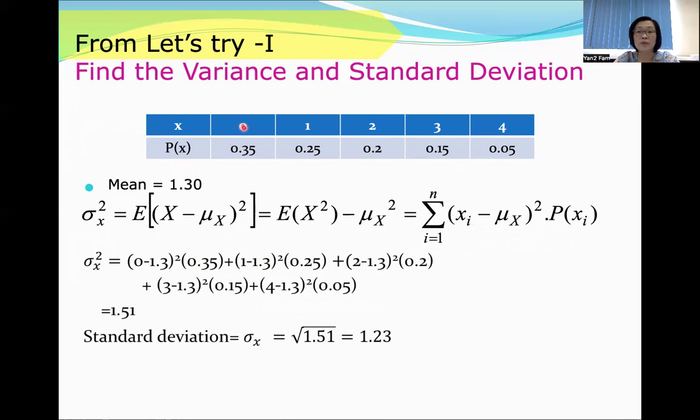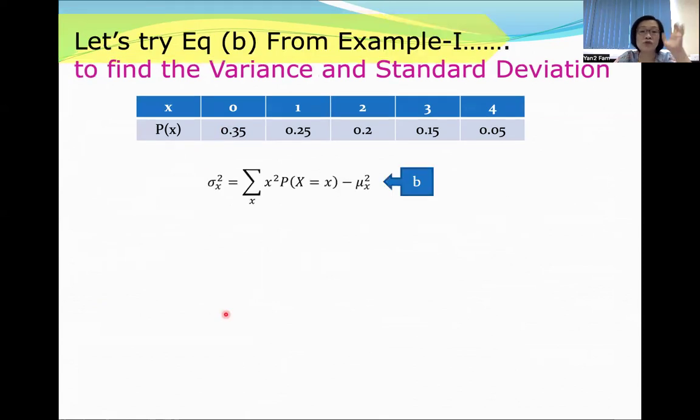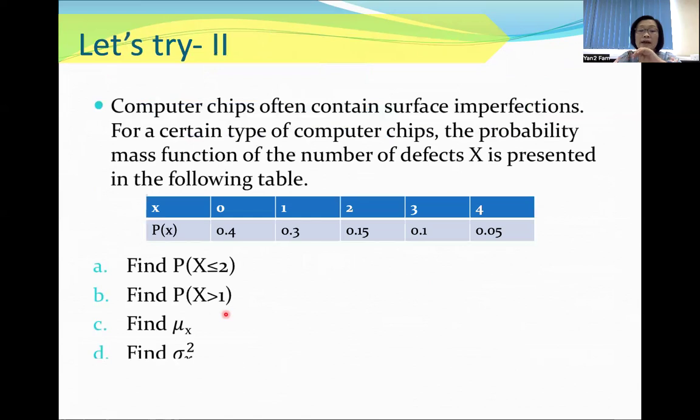Xi is this one, 0 minus the mean power of 2 times the probability. And you do that for all the x and you sum them together. That's the variance. But if you want to get the standard deviation, you need to square root it, and that is your standard deviation. Okay? So next, I would like you to try using the second way, whether you get the same value. Is that okay?